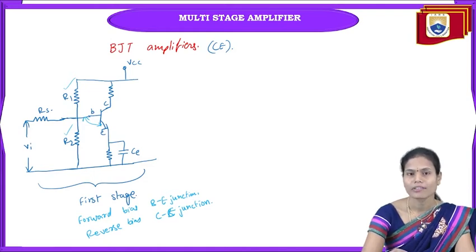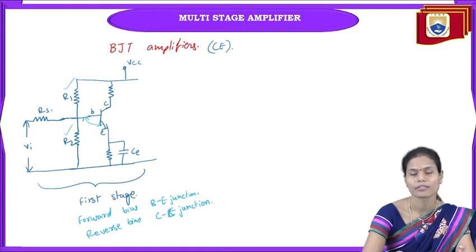Next we have the emitter feedback biasing circuit. In that case also the stability factor value is somewhat less compared to the fixed bias circuit. But the collector current varies due to temperature variations as well as beta variations of the transistor. Because of these two reasons the collector current changes, and the stability factor value also varies.